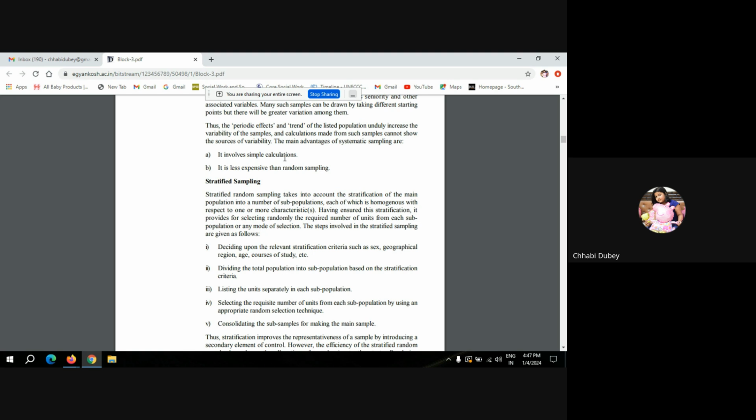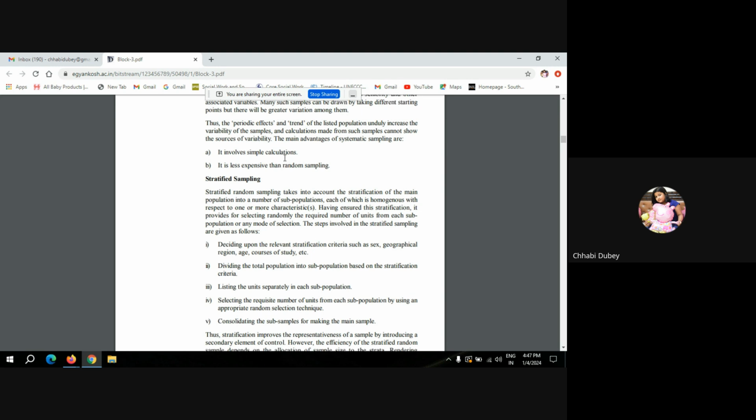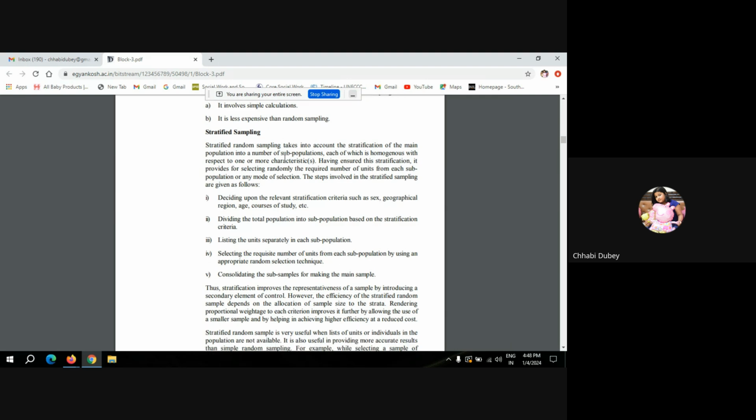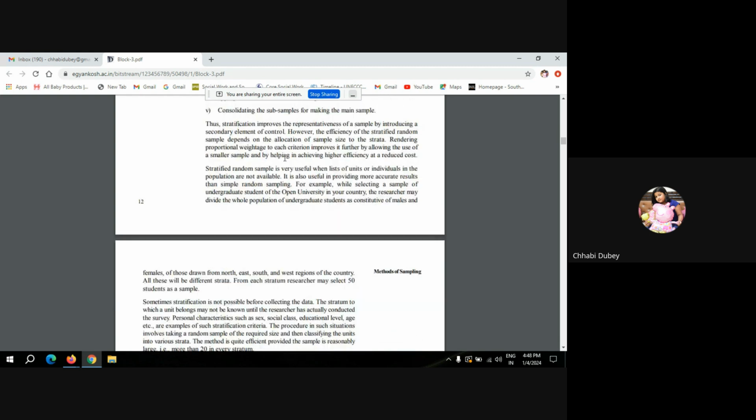First of all, what will be the criteria for stratifying the population? Then we will divide the whole population into subpopulations based on this criteria. We will list the units separately in each subpopulation. Next step would be to select the requisite number of units from each subpopulation, and finally consolidate the subsamples for making the main sample. These would be the various steps that we will require for stratified sampling.